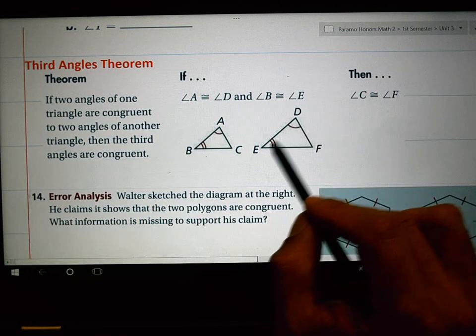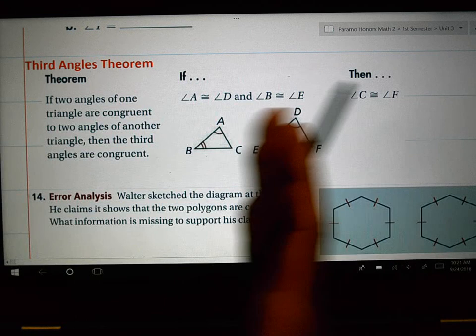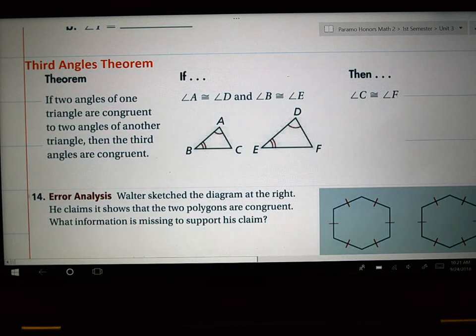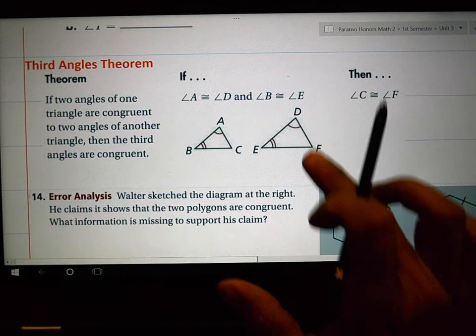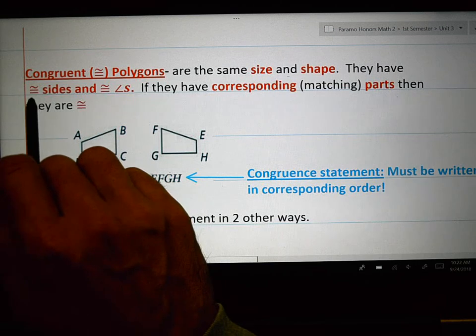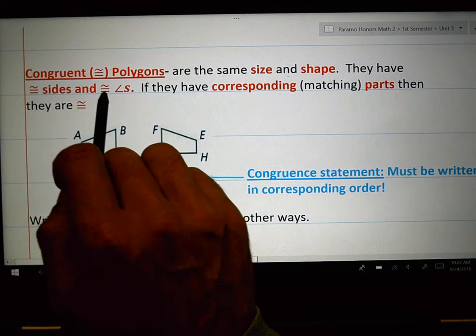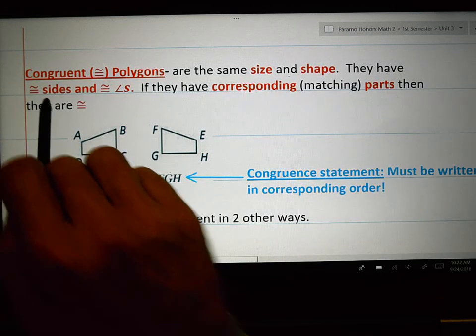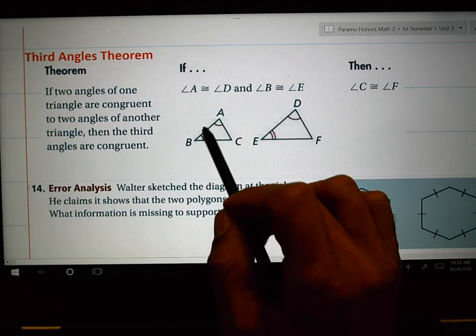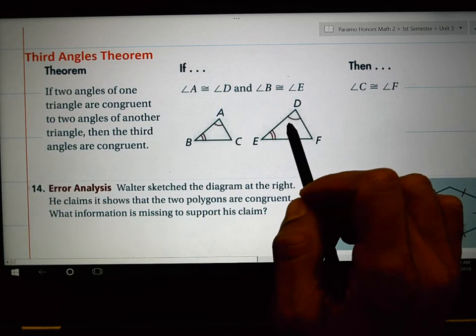If these angles match up, are these two objects congruent to each other? Your answer should be no. In order for things to be congruent to each other, they have to have congruent angles and congruent sides. Do you see any marks here that tells you that this side is the same as this side?